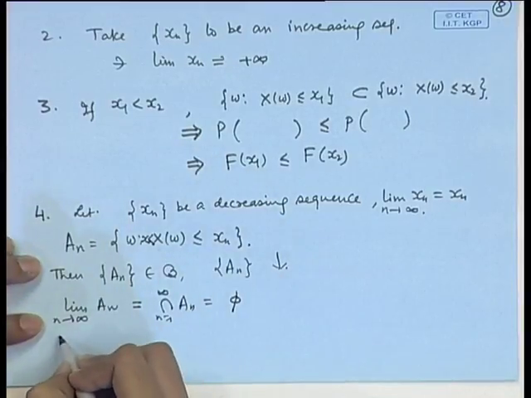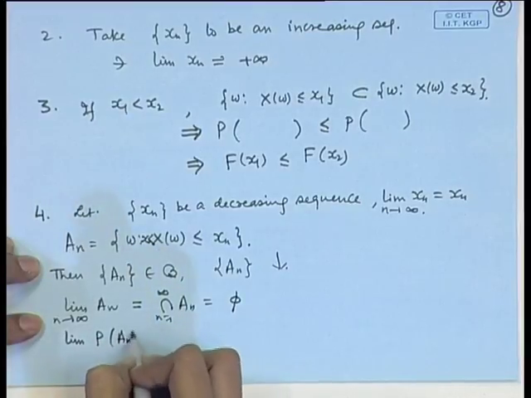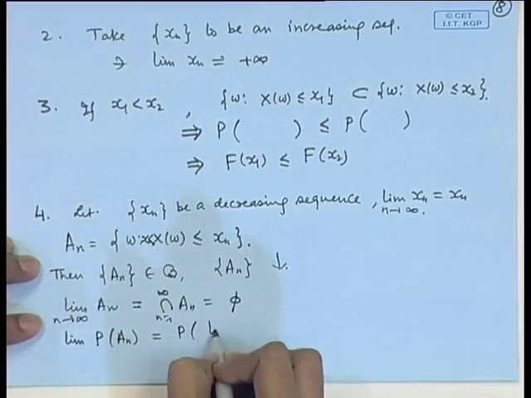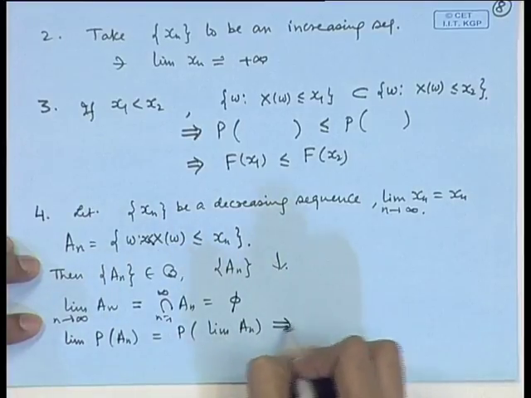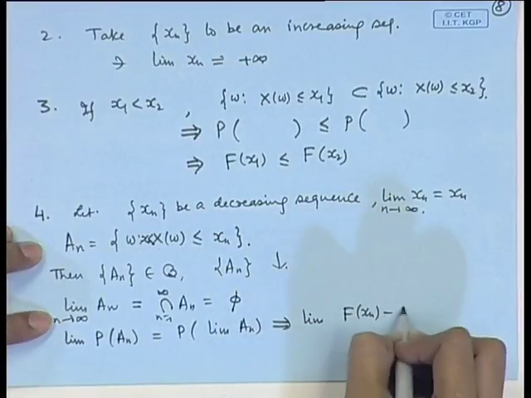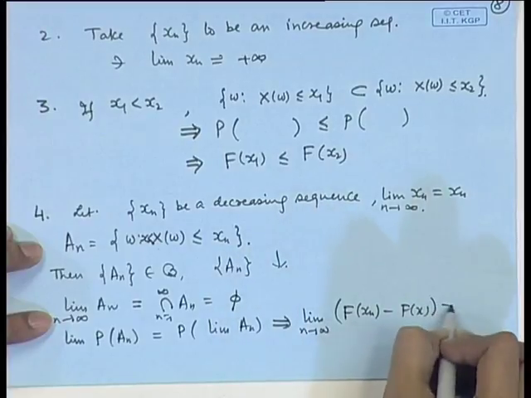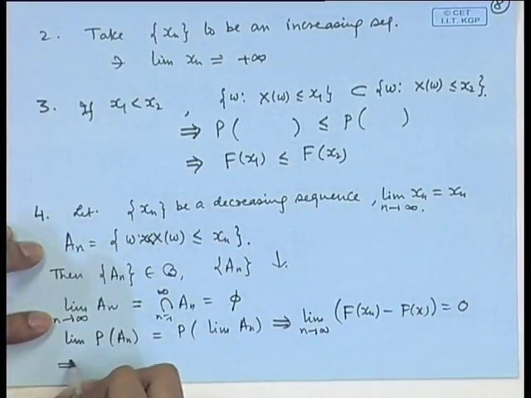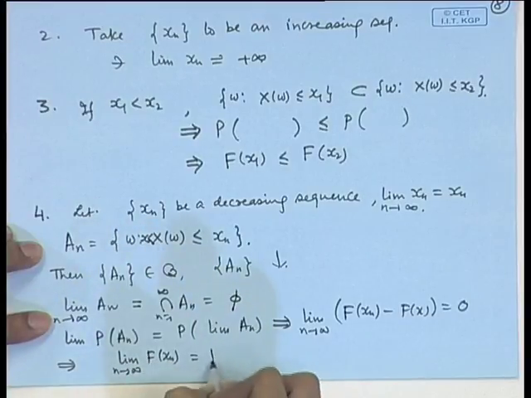So, if I take limit probability of A n is equal to probability of limit of A n, then this implies that limit of F of x n minus F of x as n tends to infinity is equal to 0, which means limit of F of x n as n tends to infinity is F of x.